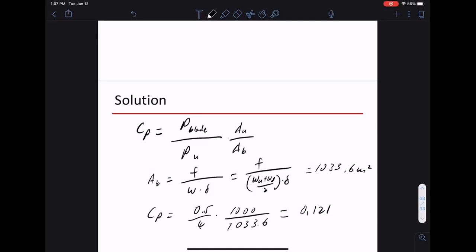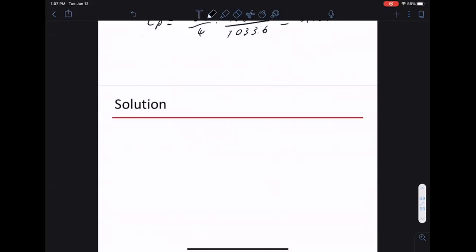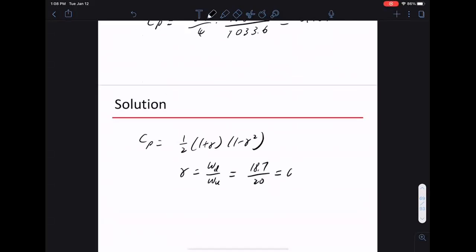Of course, another way to compute this is directly to use the gamma equation. Gamma squared. Gamma is the ratio of the speed, 0.935. So you plug everything in, we get the same number, 12% or 0.121. Okay, so these are different ways you can compute the coefficient of performance.